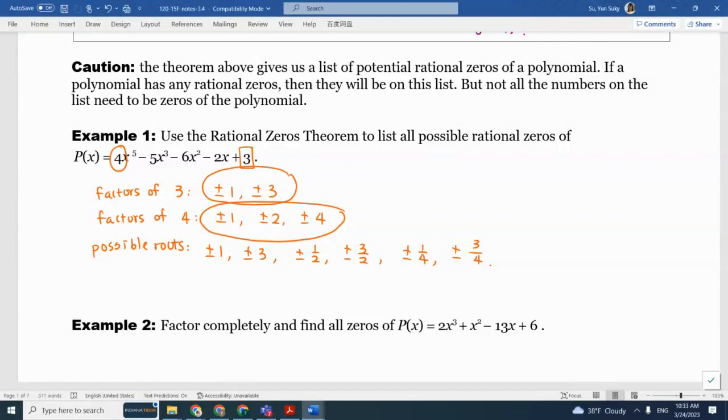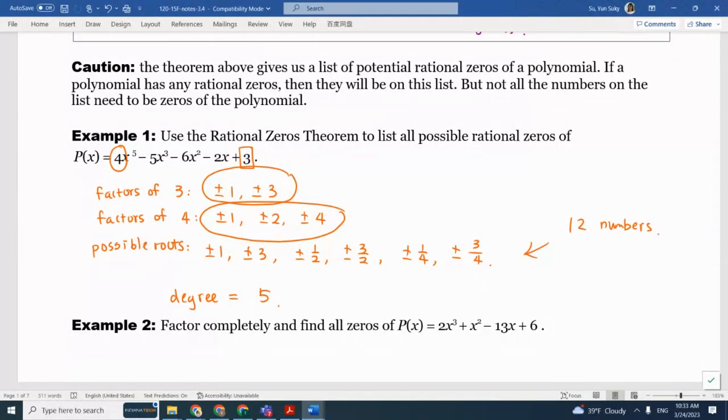You use the factors of the constant term over the factors of the leading coefficient. Can you tell me how many numbers are there? 6, but each one is plus or minus, so 6 times 2 is 12. So here we have 12 numbers. What's the degree of the polynomial? 5. So we should get at most 5 roots, and we have 12 numbers.